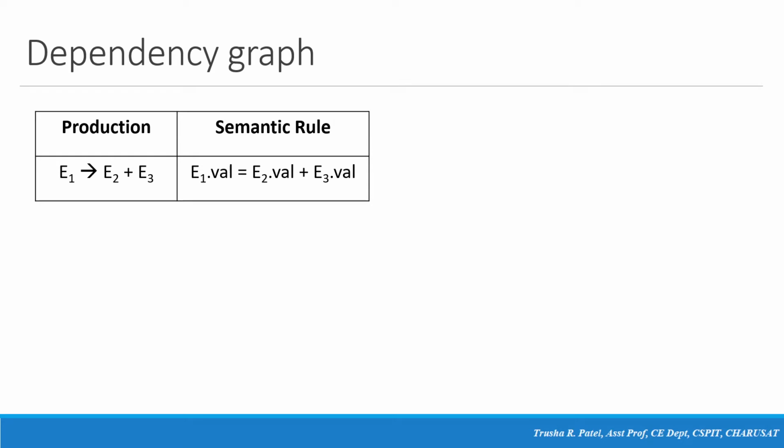Now let us draw the dependency graph for the given grammar rule and the semantic rule. We have a grammar E1 gives E2 plus E3. So the parse tree will be E1, then E2, plus, and E3 are the child nodes. And we have the semantic rule E1.value equals E2.value plus E3.value. That means the value of E1 depends on the values of E2 and E3.